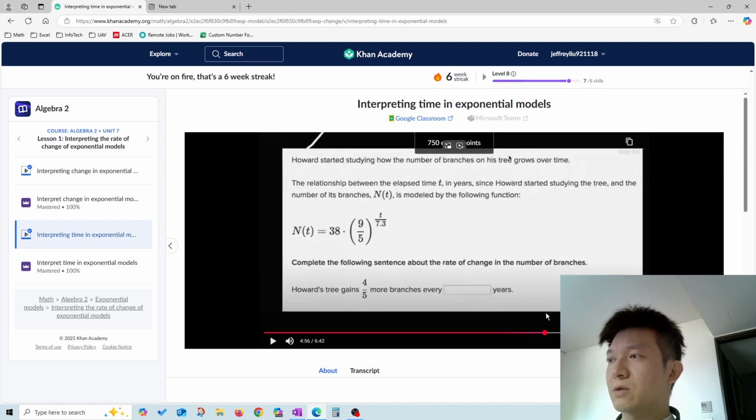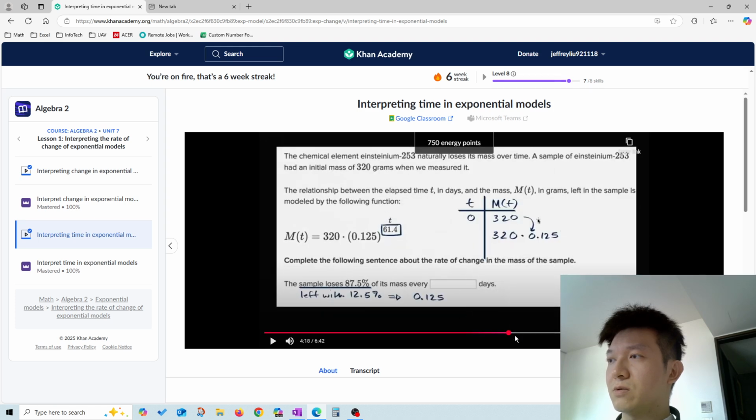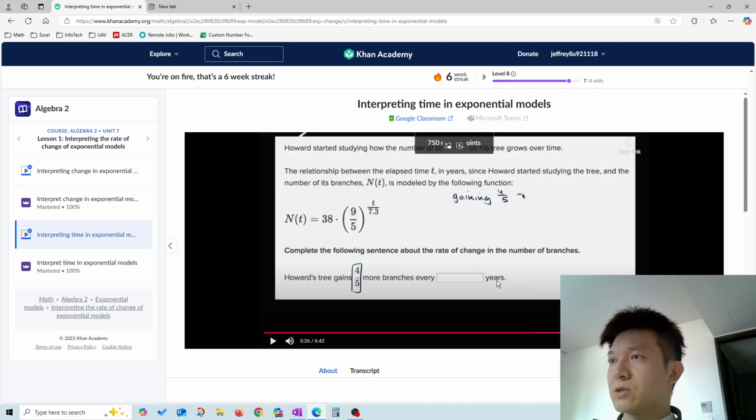So it should be 61.4. The last question is 9 over 5, but here it gains. When you do the minus 1, you actually gain by that much. Remember, this is the same as additive or subtractive, but in this case it is additive.